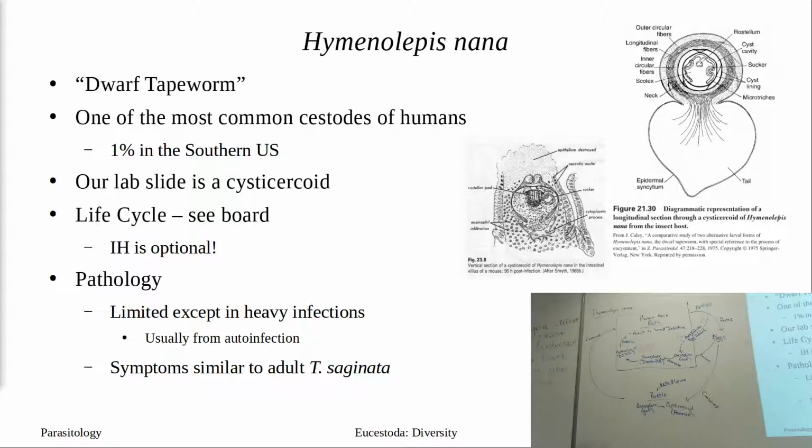We don't see that, but we see some of the other symptoms. Especially with heavy infection, you're likely to see loss of appetite and probably some weight loss associated with it. Questions?